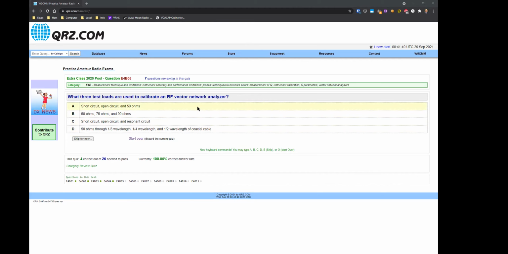This is my NanoVNA version 2. It's got N connectors on the top, and if I turn it on, you can see it's displaying a Smith chart. So these don't have the full set of connectors on it. They only have S12 and S11 on them.